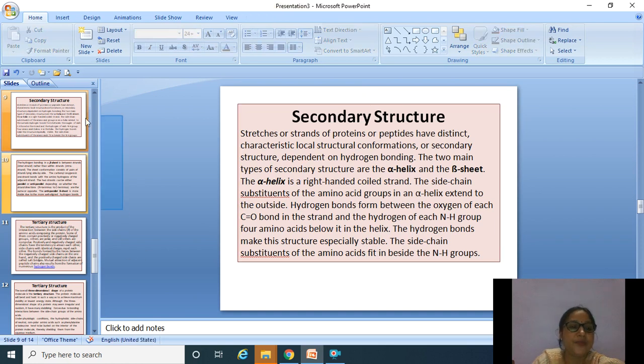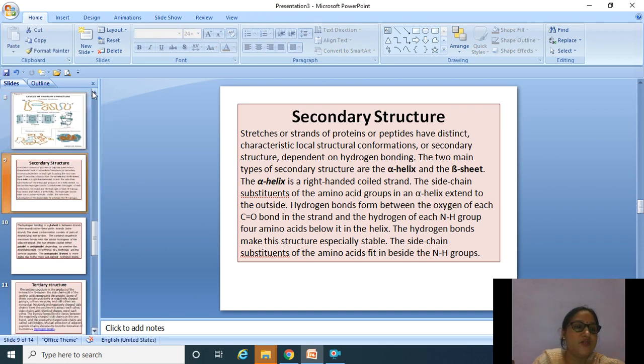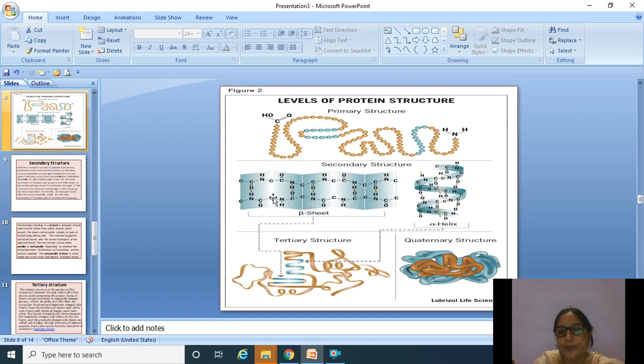Look at here, what it wants to say is that this is the alpha helix form. It is saying that the carbonyl oxygen of the first amino acid and the NH group, the hydrogen of the fourth amino acid, interact with each other and form the hydrogen bond.